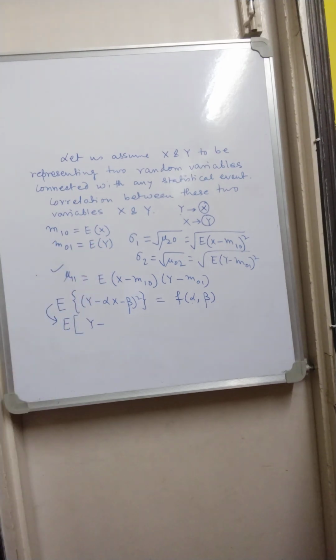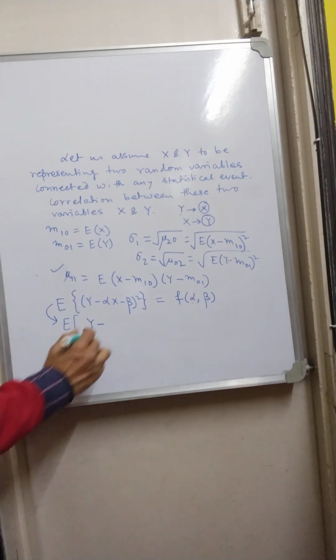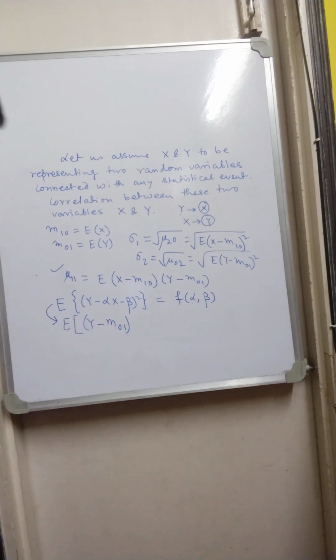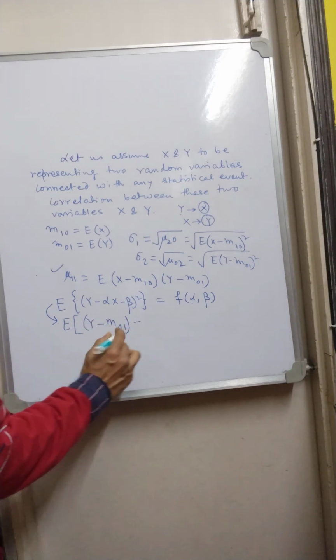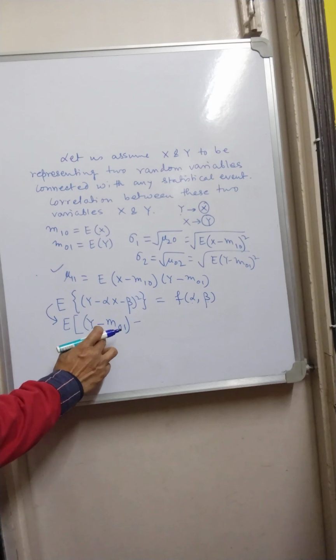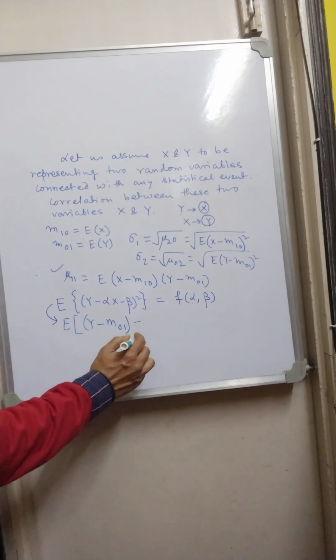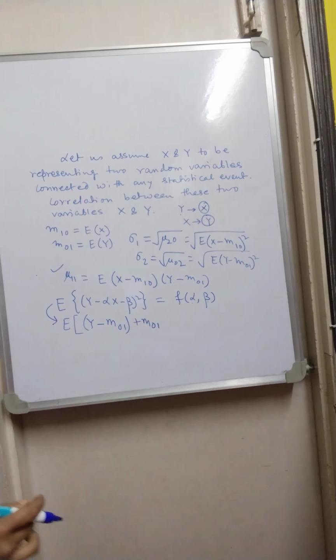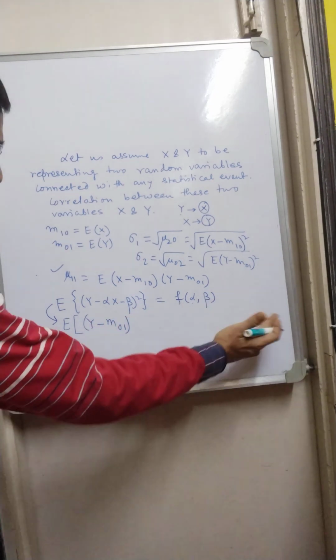This is m01. So we want to club it here like this. Since we get this m01 extra, we will have to balance it and write plus m01. I am keeping it for the last term.